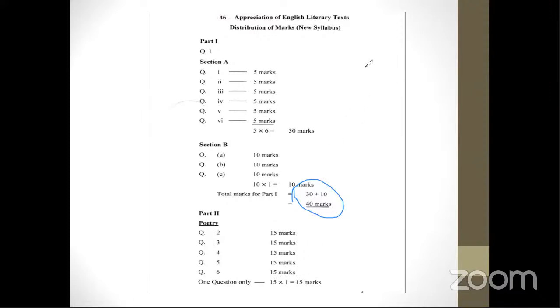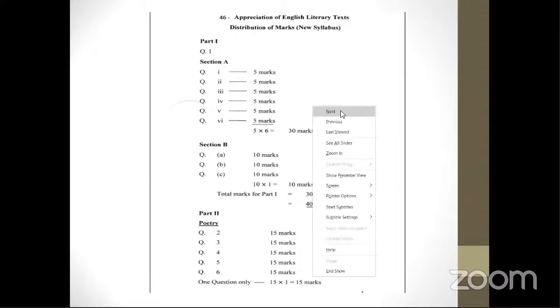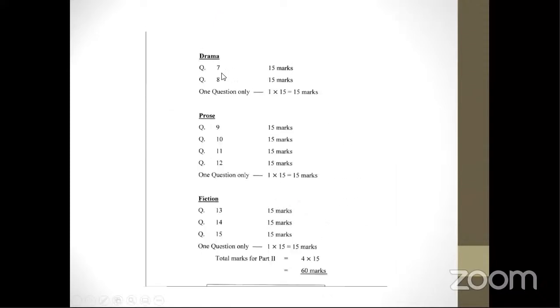You have to answer only one question from poetry. Then drama: 2 questions appear from 2 dramas, The Bear and Twilight of a Crane. So you can select one drama and answer. It gives you 15 marks.